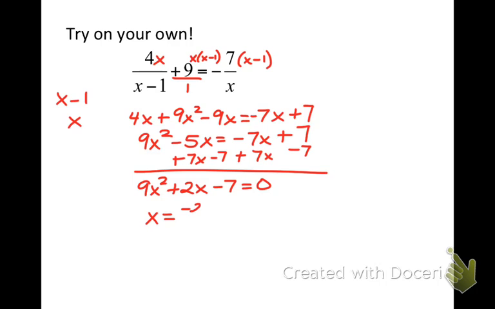So x equals negative 2 plus or minus the square root of 2 squared, which is 4, minus 4 times 9 times negative 7, all over 2 times my a, which is 18. 4 plus what? 280. So we're going to have to simplify. I got 256. Wait, no, I did something wrong in mine.